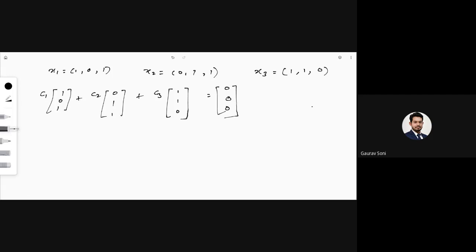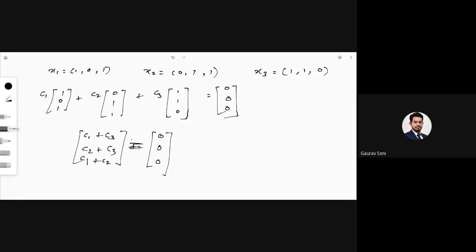So this expression I will consider and solve it. I will multiply C1, C2, C3, and this will be C1 plus C3, please check the calculations, C2 plus C3, and the third one will be C1 plus C2. When you multiply by C1, C2, C3 and add the three vectors, we get 0 0 0.